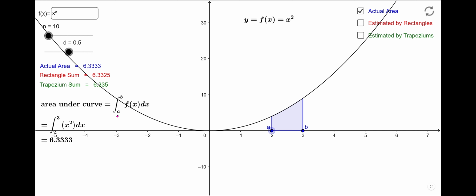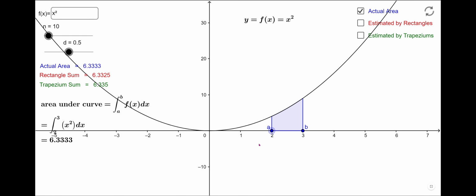But the point is, this is a definite integral, a specific one where you're integrating the function x squared between limits a and b. The function is represented by this graph: y equals f of x equals x squared, which is this parabola here.